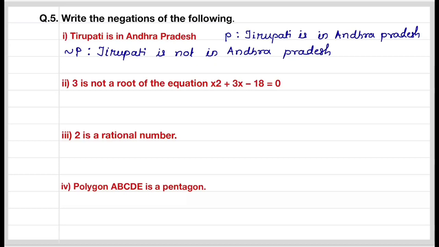Now we will see the next example. Second example. Three is not a root of the equation x square plus 3x minus 18 is equal to 0.